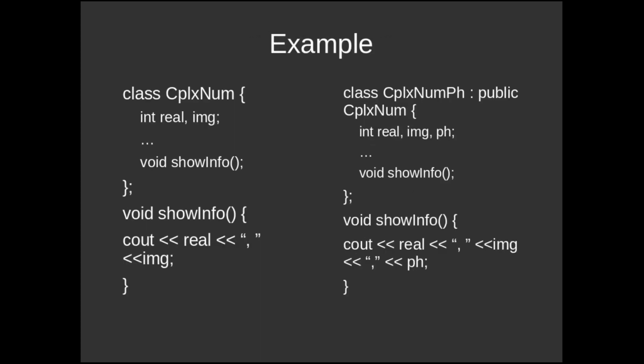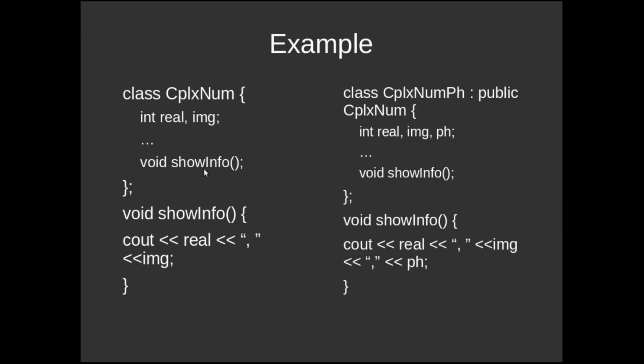In this case, we have the class that we have been working on in our last couple of videos, which is cplx num class. This class has two member variables, real and imaginary, and it has some other functionalities. However, for this example, we are interested only in this method, show info.